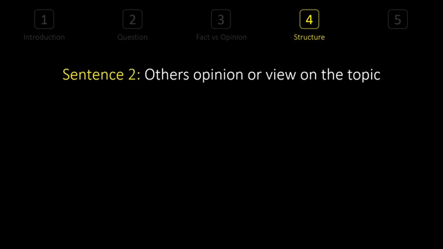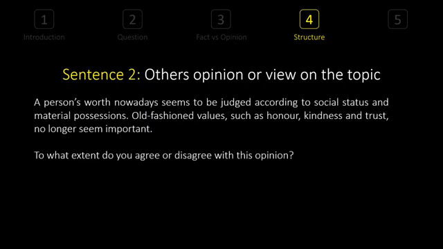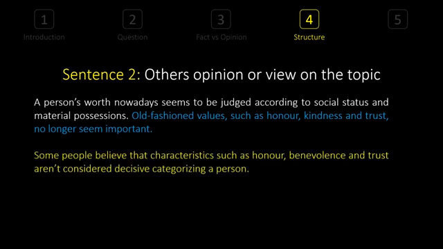Next we have sentence 2. Remember, there are 4. Sentence 2 is others' opinion or view on the statement. In our question, this was an opinion, so you have to understand this part. Some people believe that characteristics such as honor, benevolence, and trust aren't considered decisive in categorizing a person.